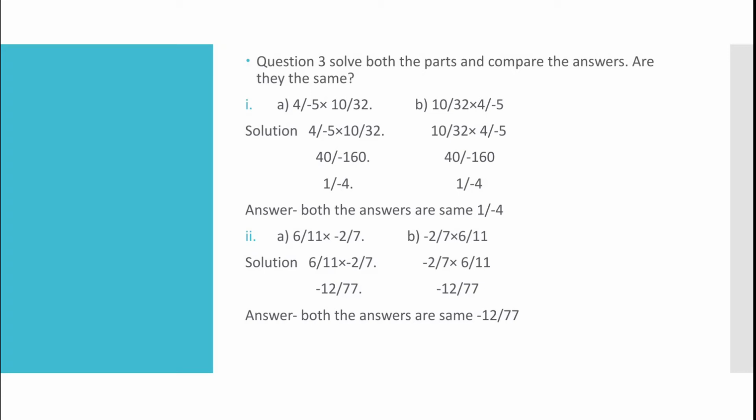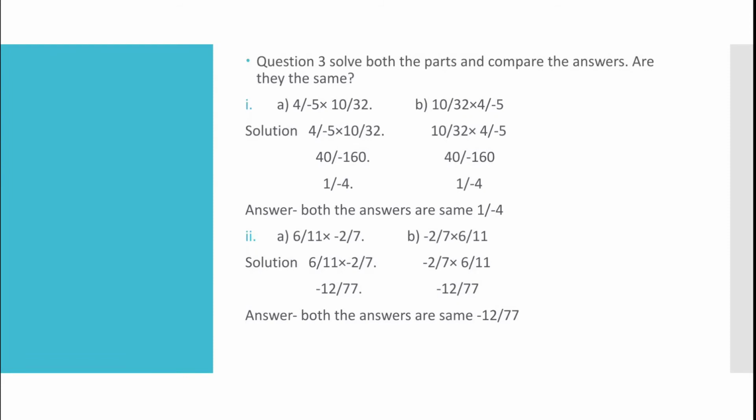So multiply 4 and 10, and minus 5 and 32. When you multiply 4 and 10, you will get 40, and when you multiply minus 5 into 32, you will get minus 160. Cut this by the table of 4, you will get 1 by minus 4. This is your A part answer.